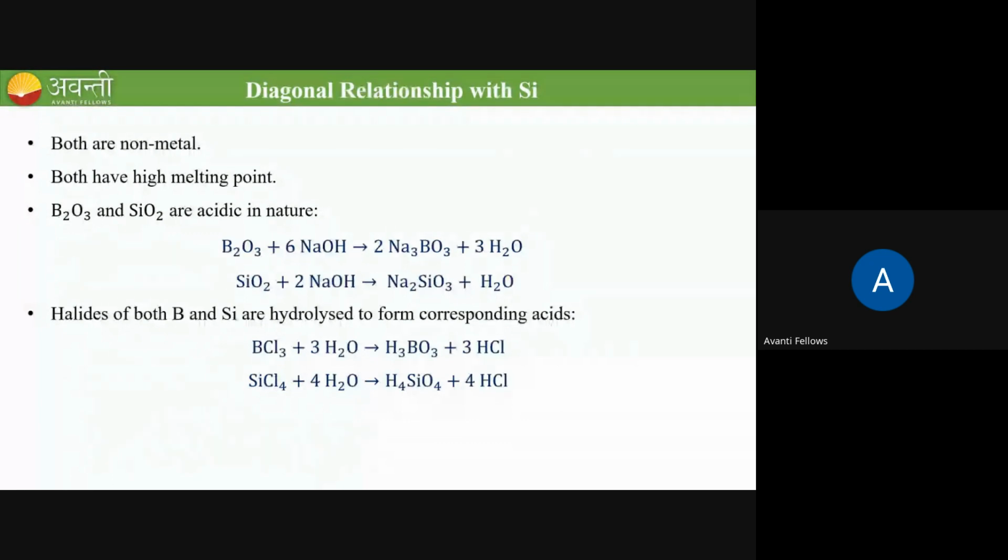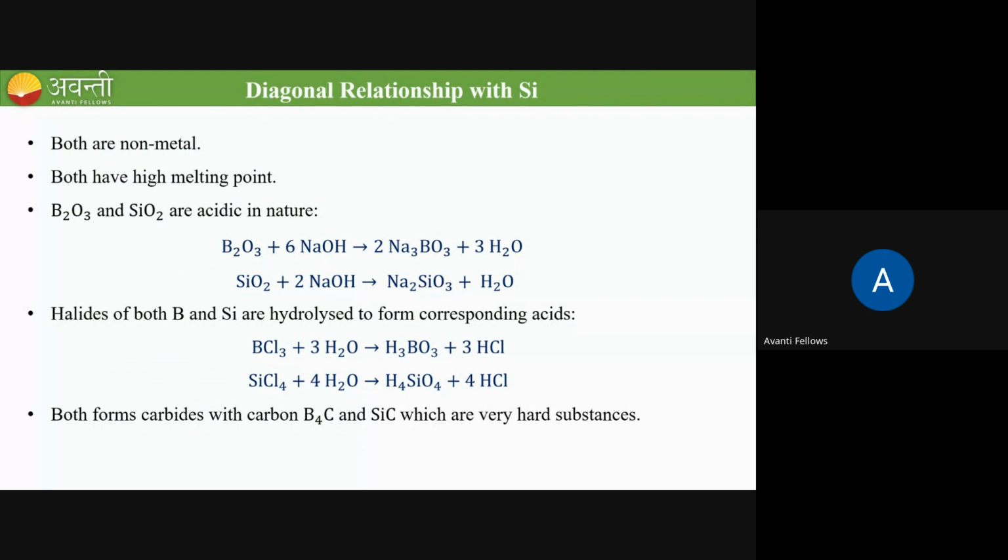Okay, so both the boron and silicon chlorides produce the corresponding acids when they are hydrolyzed. Okay, and both form carbides also. Carbides means the compounds with carbon. Okay, B4C and SiC. So these are boron carbide and silicon carbide. So both form carbides, which are very, very hard.